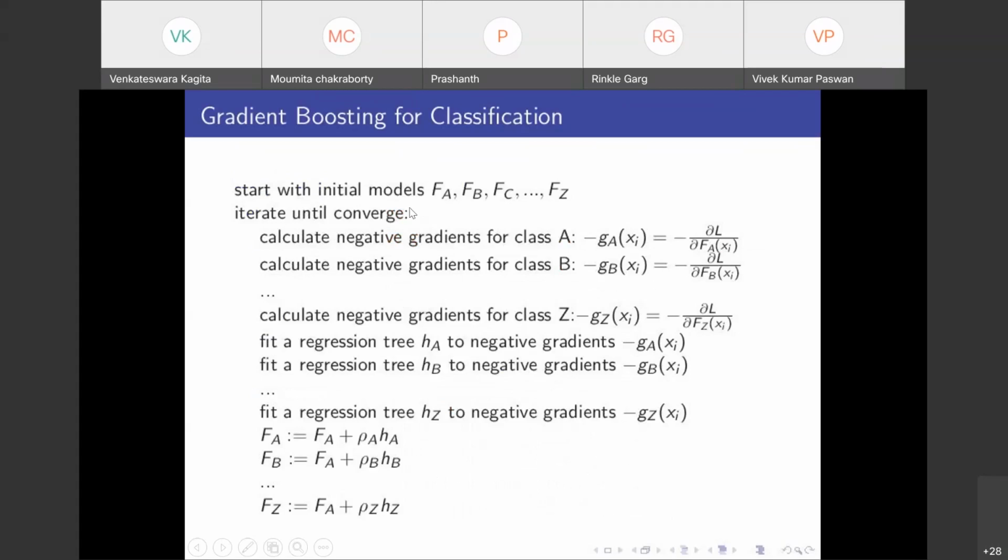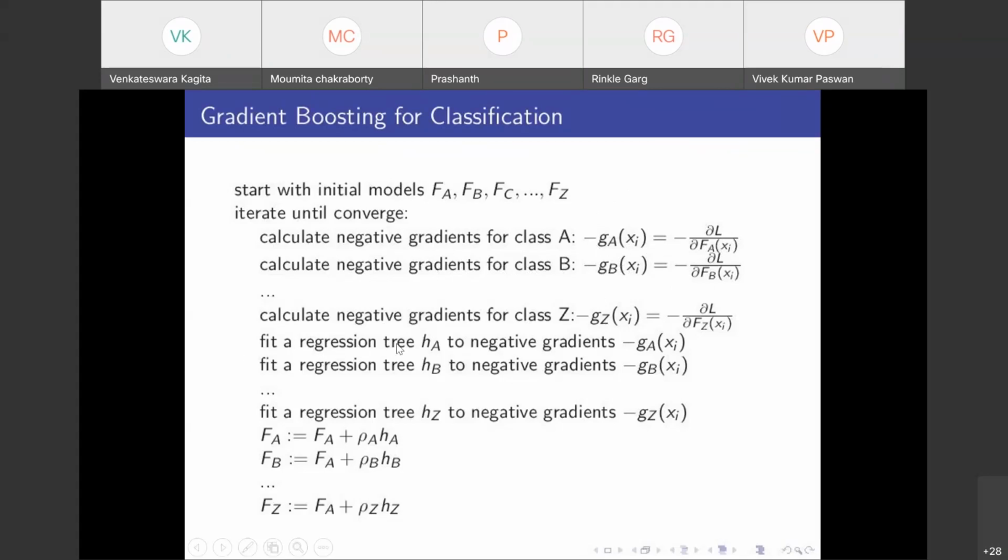Okay, so this is the algorithm. We start with initial models FA, FB, FC, and so on, FZ, and we iterate until convergence. We compute the negative gradients for each and every class: minus zA of xi, minus zB of xi, and so on, minus zZ of xi, where zA of xi is the derivative of the loss function with respect to FA of xi. Once we compute this gradient, we fit a regression tree. Regression tree is mentioned here, but it is actually some classification model, because we are trying to solve a classification problem.